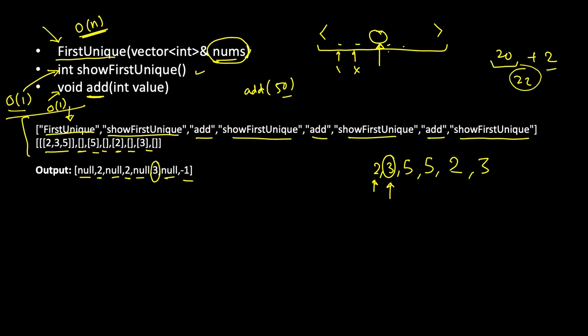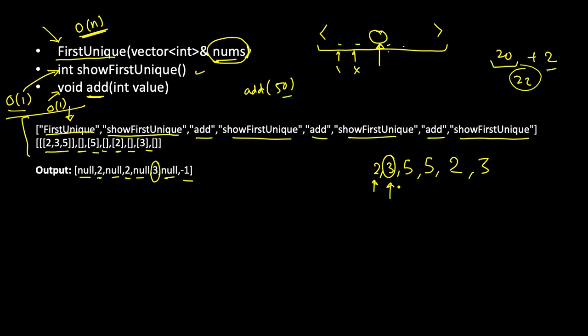Let's see how we will do it. If you have watched my earlier lecture on LRU cache, that concept will be very useful here. We will be using a doubly linked list and a hash map. You will say that if numbers are coming, why can't I store them in a hash map with numbers as the key and how many times they have occurred as the value?